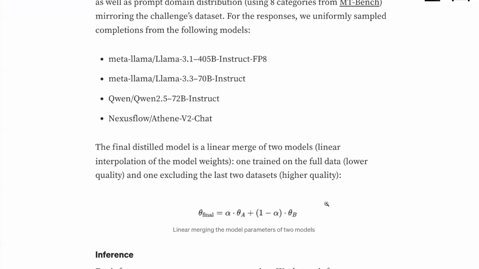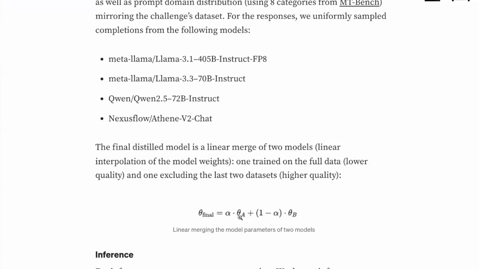Model merging is also very interesting because it usually plays a role of regularization as well. You can think of this theta A as the original model weights and theta B as the updated model weights. So you do the model merging so that you still keep as much as possible of the original, say by adjusting the alpha to be a high ratio, 0.9, right?